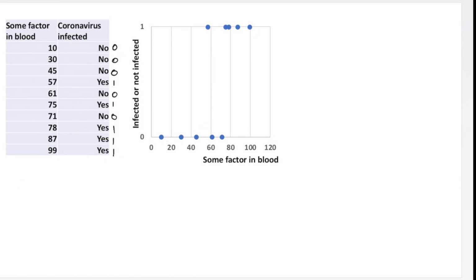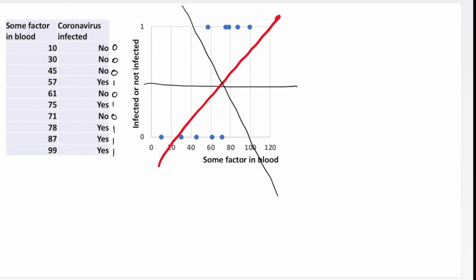Now consider that we want to build a linear regression model. That means we want to come up with a line that best fits the data. The line can be like this one, the line can be like this one, the line can be even like this one.